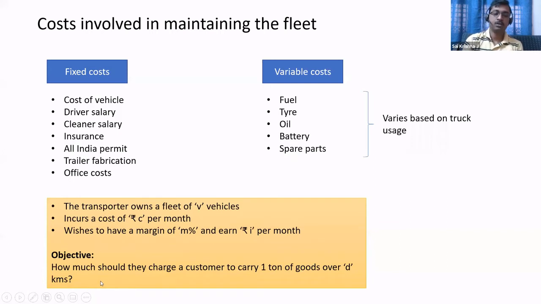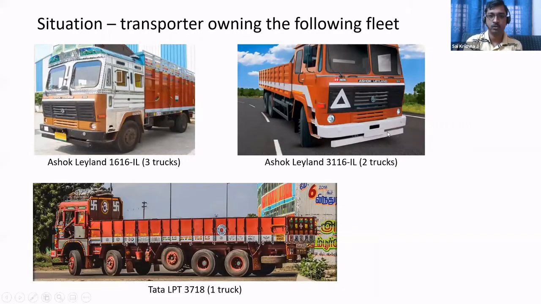For example, in this project, I was consulting for a company which manufactures agro-based products. They manufacture sunflower oil, basmati rice, that sort of stuff. To transport these products from the factory to the retail stores or the regional depots, they outsource their transportation. They don't own their vehicles; they outsource to agencies, and these agencies are the fleet owners that I'm talking about.